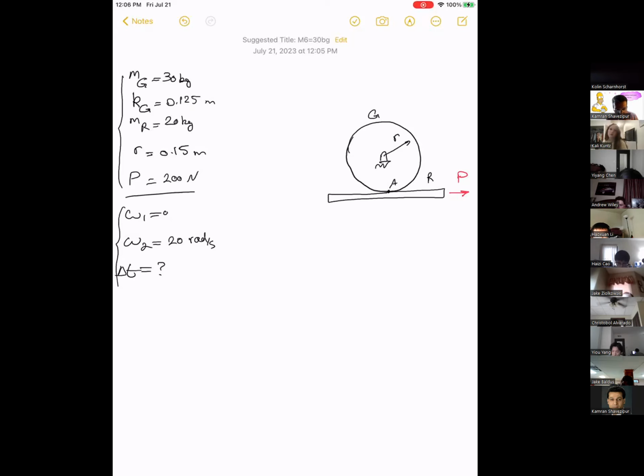So because we need to find forces and moments, obviously, I need to do a free body diagram, right? So if that's the case, I'm going to do the gear here. So this is the free body diagram for the gear.